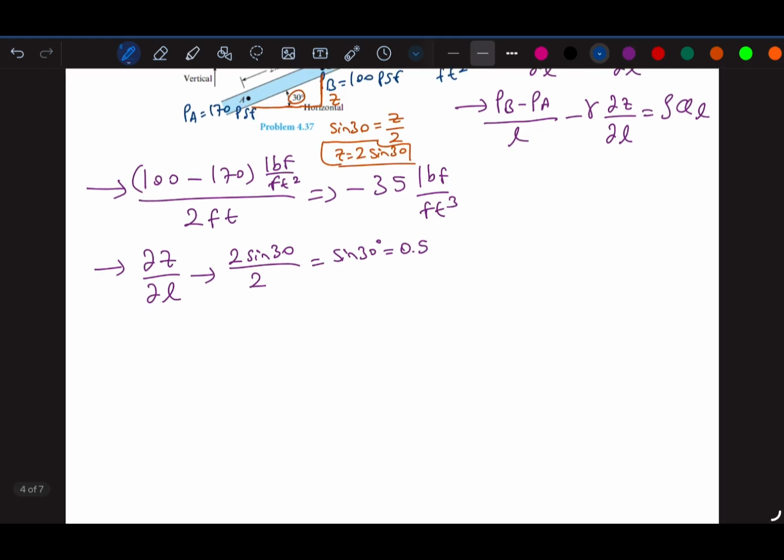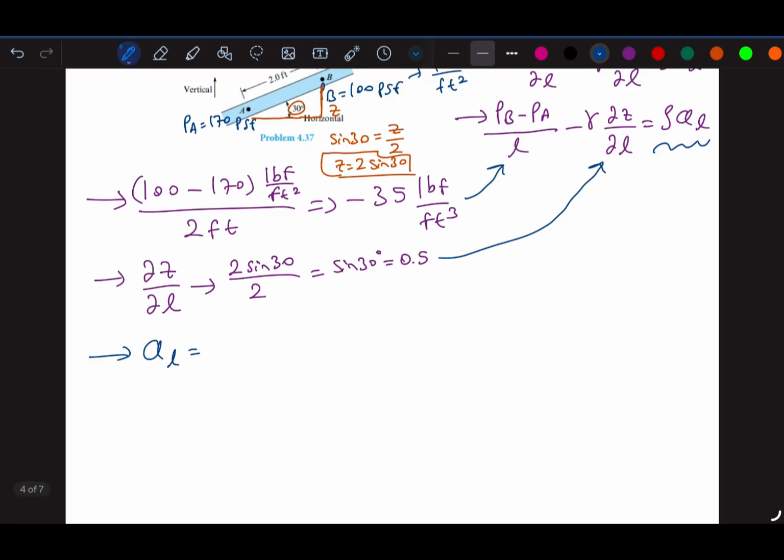So let's write everything together. We have minus 35, we have 0.5 times specific weight, and we have density times acceleration. So acceleration would be equal to, and if we divide all of these terms by density, we are going to get 1 over density.